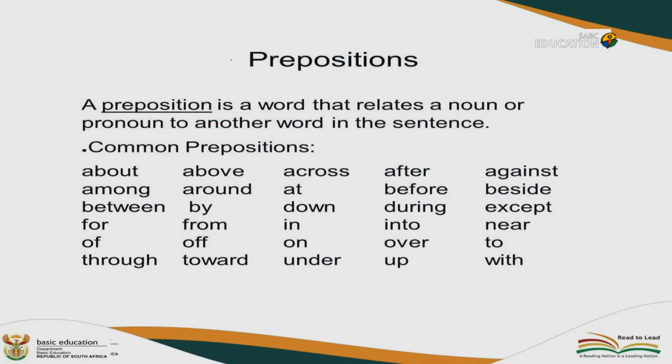Here are some common prepositions. About, among, between, for. Please note that we have different types of prepositions. We have a preposition that tells us exactly the movement of something. They tell us about direction.